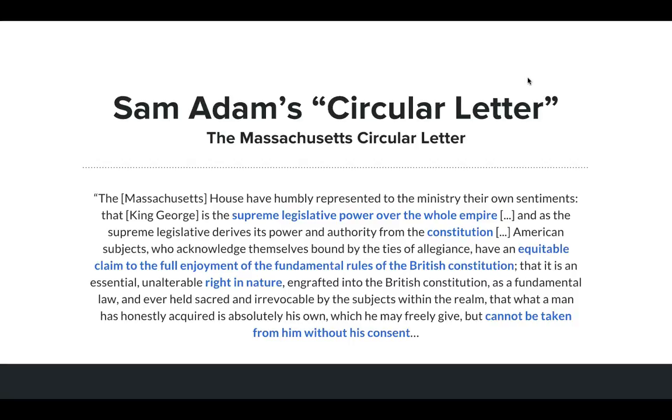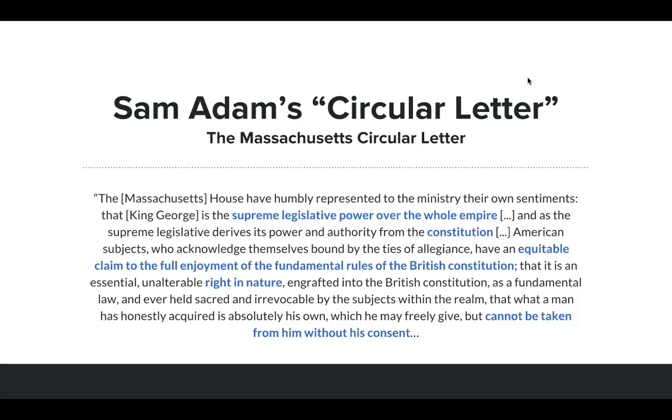And we've seen circular letters introduced before this, and we've seen acts of colonial unity before this too, especially with the Stamp Act and the Stamp Act Congress, acting as one united party to pretty much discuss with or argue with the British about the role of the Stamp Act.